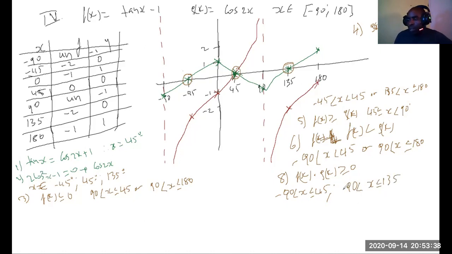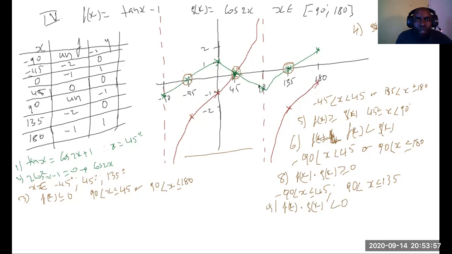Now we want to see 9, where f of x times g of x is less than 0, negative, meaning they are in different regions.